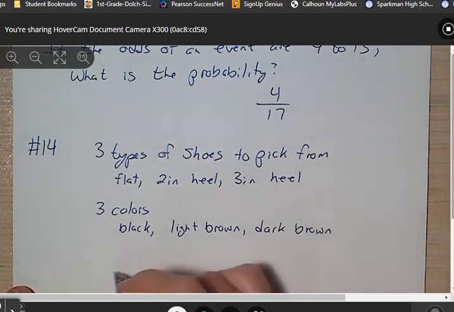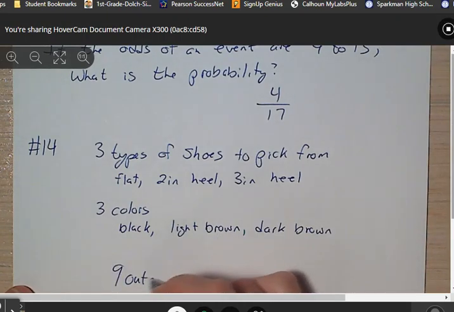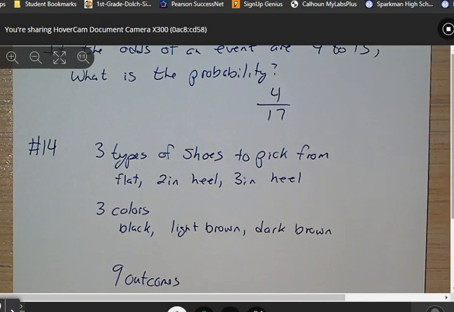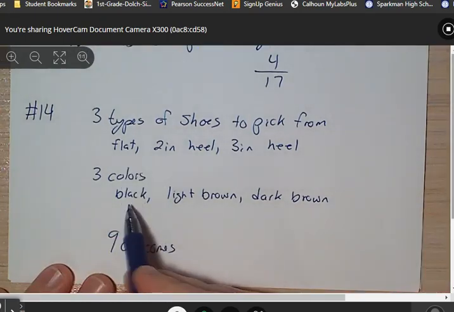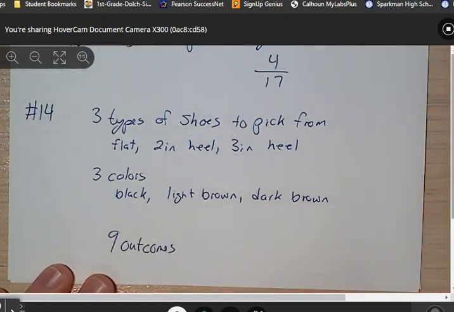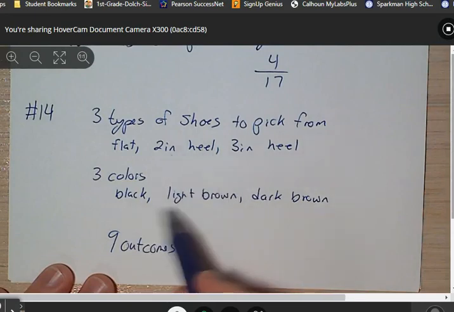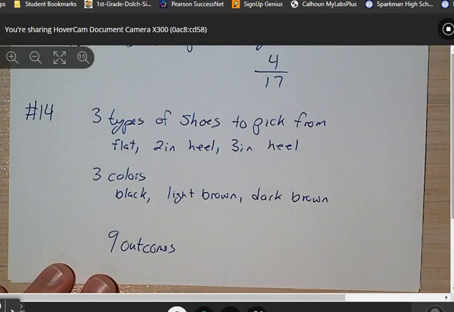So if you go through that one, there's basically 9 different outcomes, 9 different events, 9 different ways you can get all these different pairs of shoes that you're looking at. Because you can do the flat in black, light or dark, 2-inch heel in black, light or dark, 3-inch heel in black, light or dark.